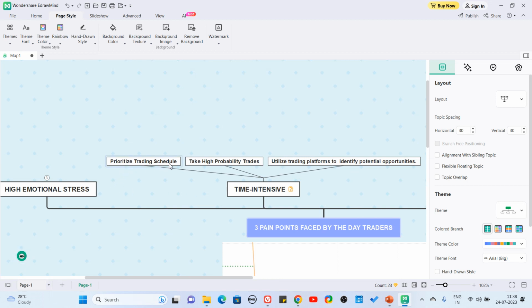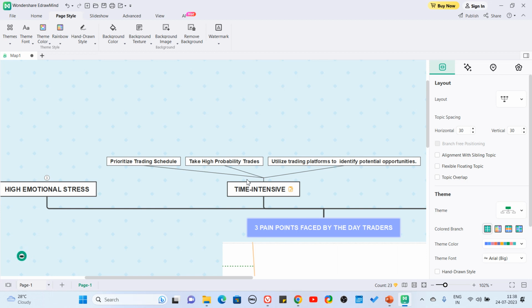Prioritize trading schedule. That means you are into the markets, the world's lucrative profession. Lucrative in the sense of a very attractive profession where you can work from home. You can just work by yourself. You don't have any infrastructure, you don't need human help.